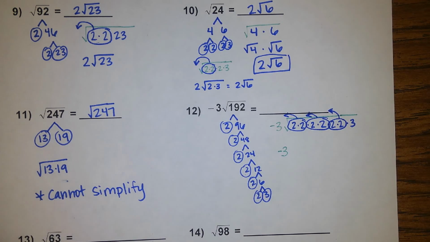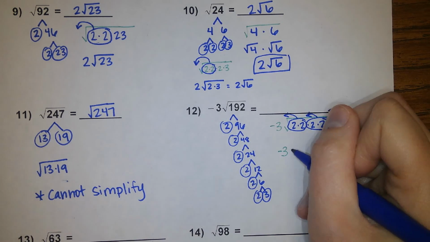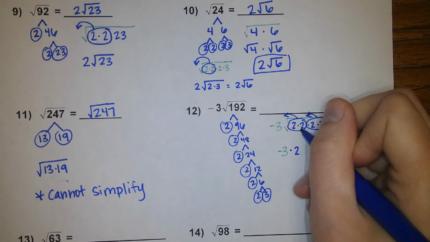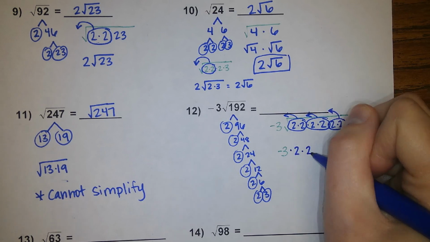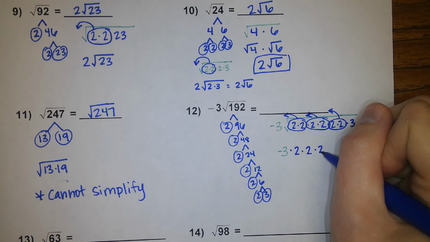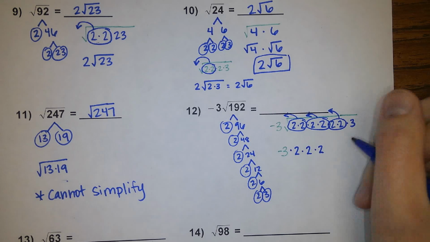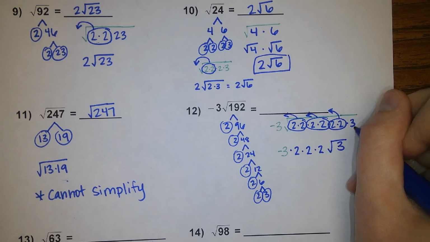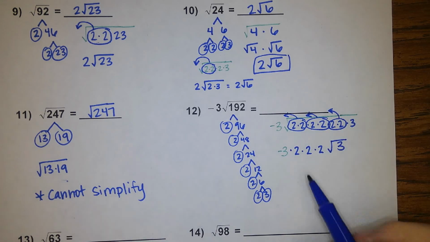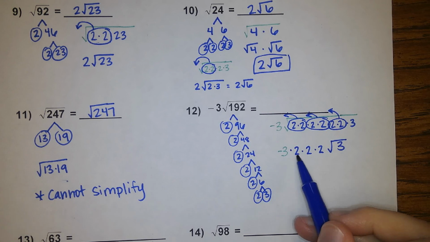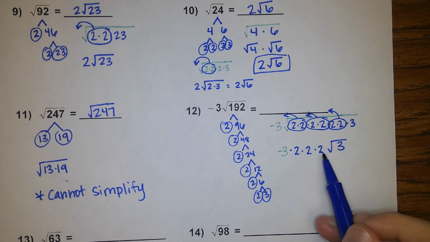And now on the outside of the radical, we have three 2's. And we still have our radical 3, because that guy was on its own. So we have -3 times 2 times 2 times 2, radical 3.